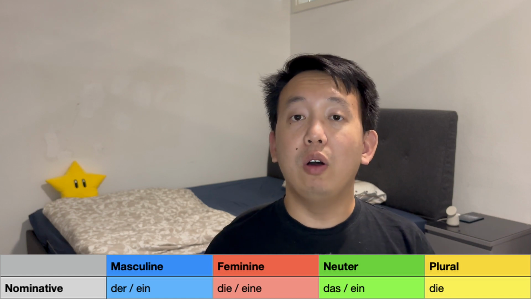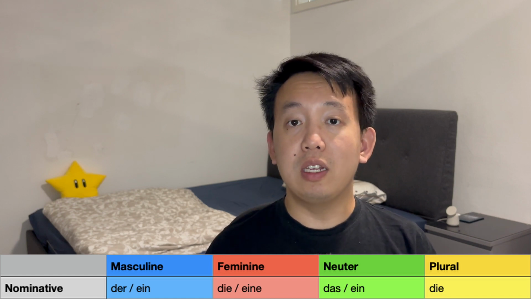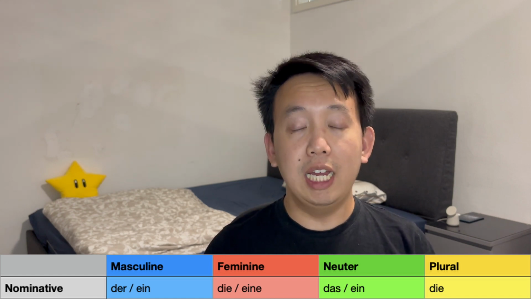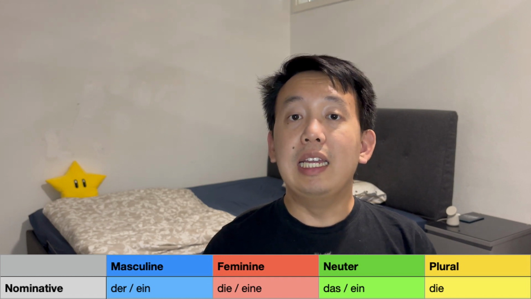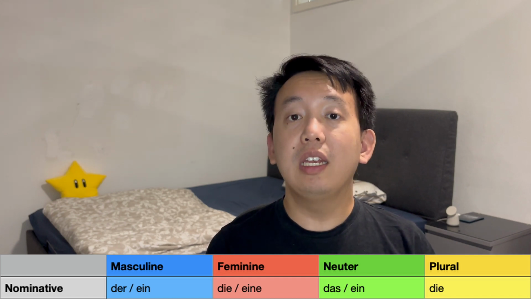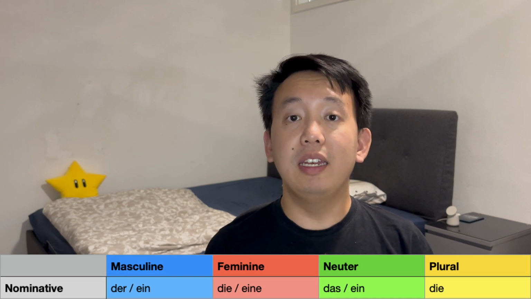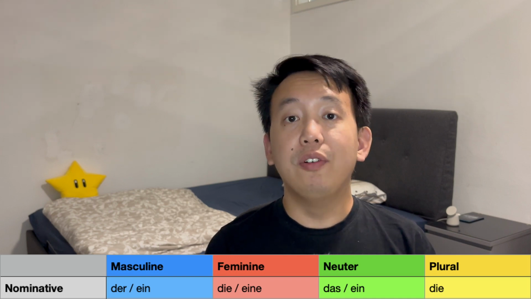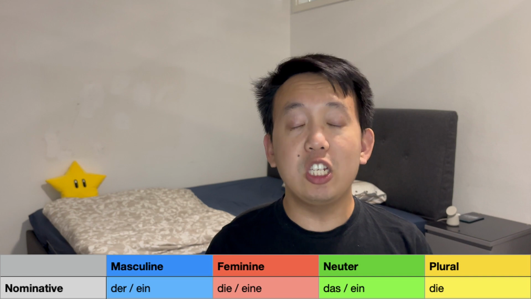And we also know the indefinite article, which is equivalent to "a" or "an" in English. In German, we also have ein for masculine, eine for feminine, and come back to ein for neuter. I think that's pretty easy.